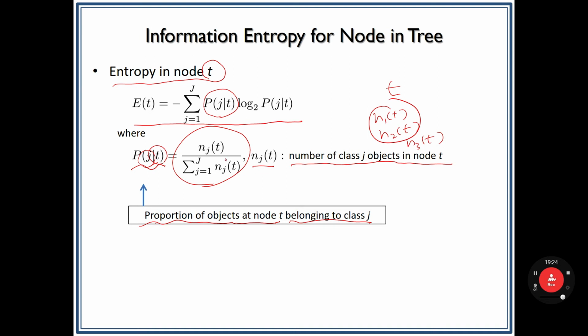This denominator is the total number of observations in node T, and n sub jt is the number of class J objects in node T. So it's just a proportion, an estimation of the probability that an object becomes class J. Once we have a data set in node T, we can simply calculate the information entropy of node T by using this formula.